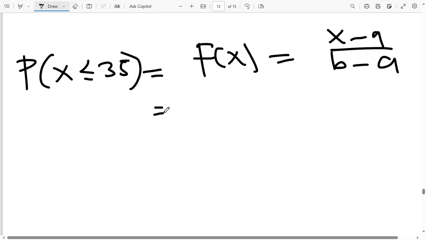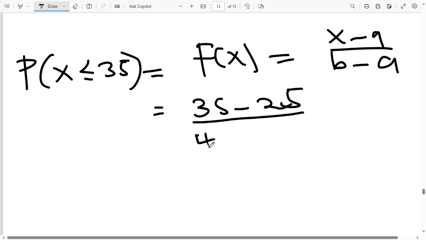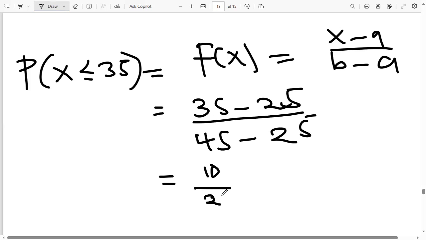So what are we going to do here? We are going to just substitute the 35 into here. So 35 minus, what was our a? Our a was 25, divided by b minus a, so b minus a is 45 minus 25. Let's find what 35 minus 25 is. We are going to get 10. 45 minus 25, we are going to get 20.